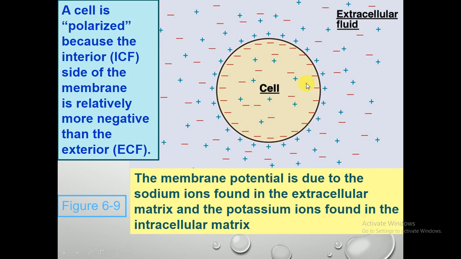You can see here this is the cell, and this cell is polarized because the intracellular fluid, the fluid present inside the cell, is relatively more negative as compared to the extracellular fluid, or the outside environment.